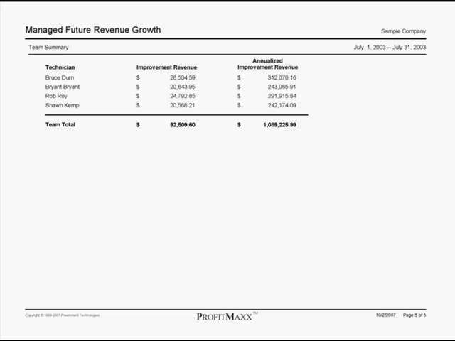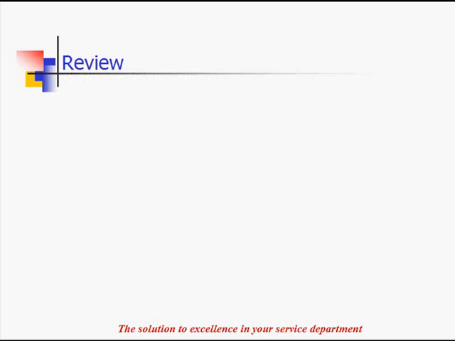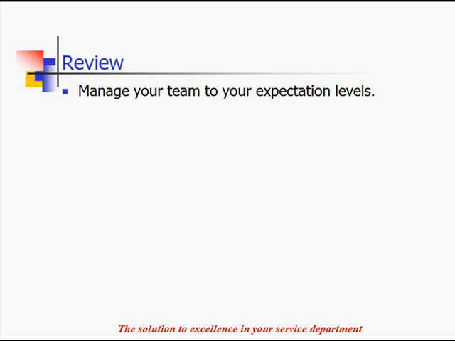What could your company do with an extra $1 million in revenue? It's absolutely crucial to the life and profitability of your company that you focus on these numbers. If you're a working manager, that is, you spend much of your time in the field doing service work, you may want to take a real hard, close look at your numbers.